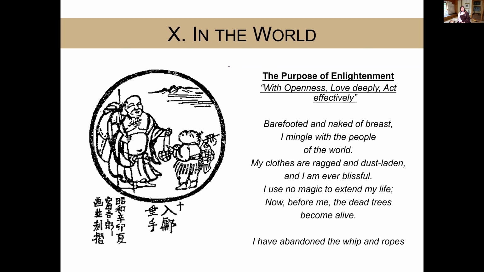So this person is capable of living the authentic life with openness, capable of unconditional love, and capable of acting effectively in whatever he embarks upon, whatever he comes across. So that's the purpose of enlightenment.